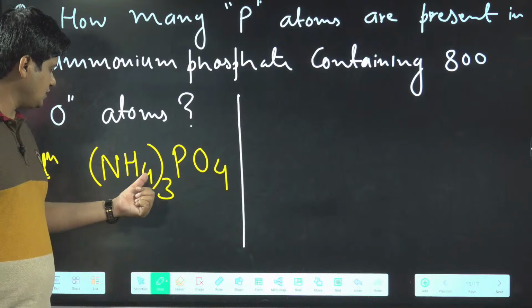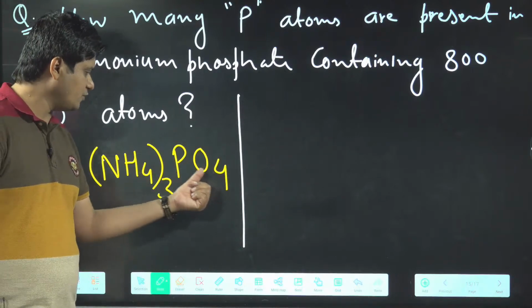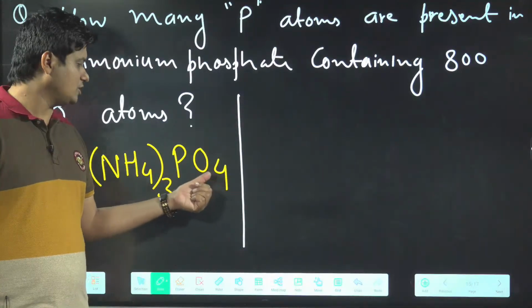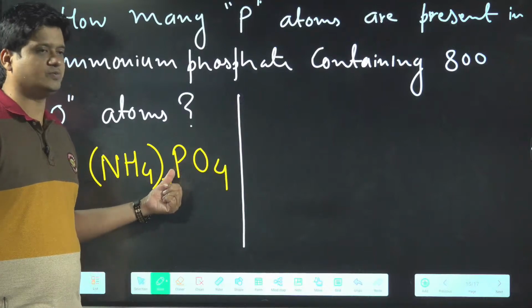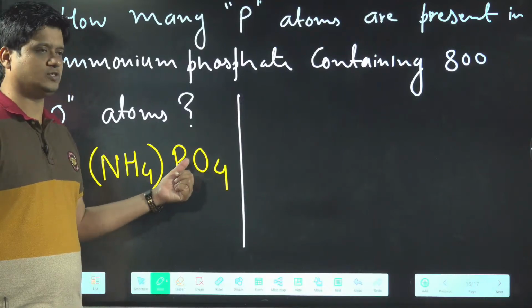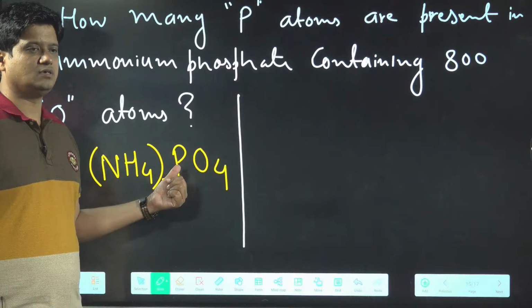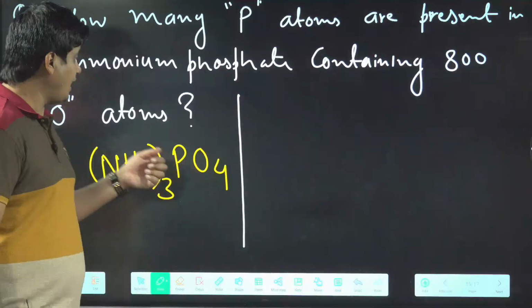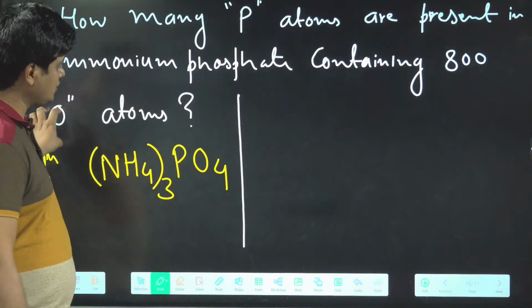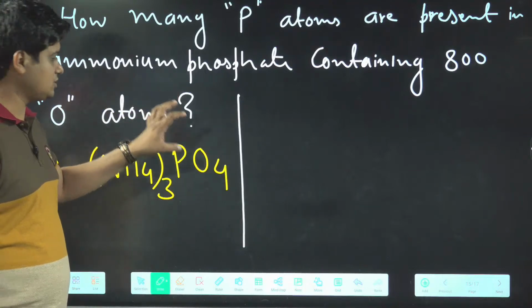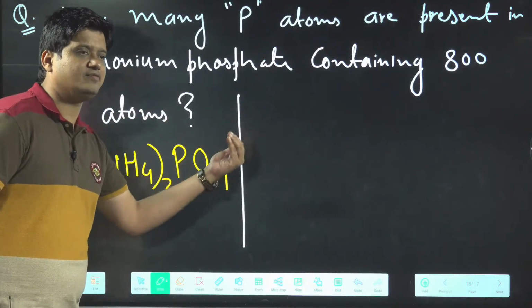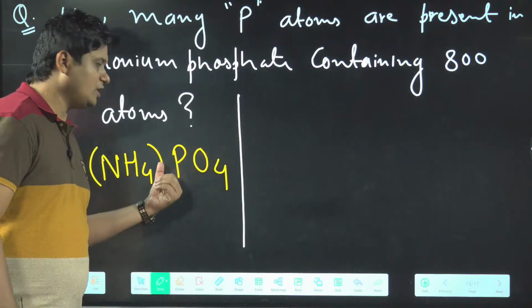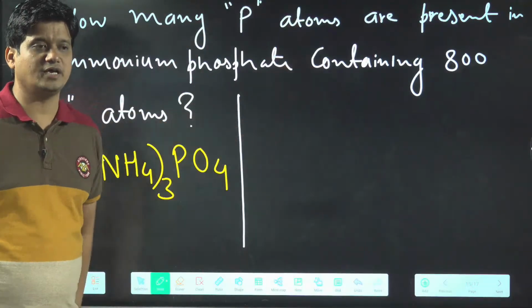In the formula you can easily find that 4 oxygen atoms are present and 1 phosphorus is present. Oxygen atoms will be in left side and phosphorus will be in right side.